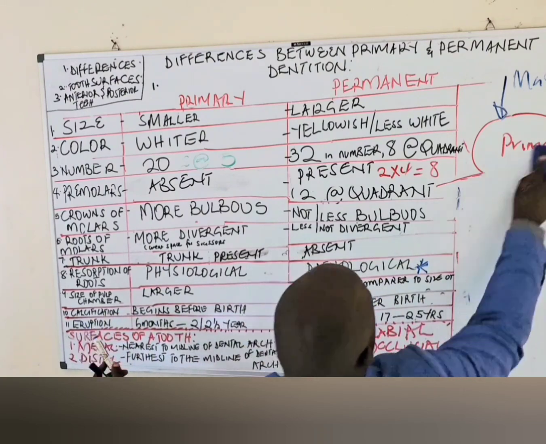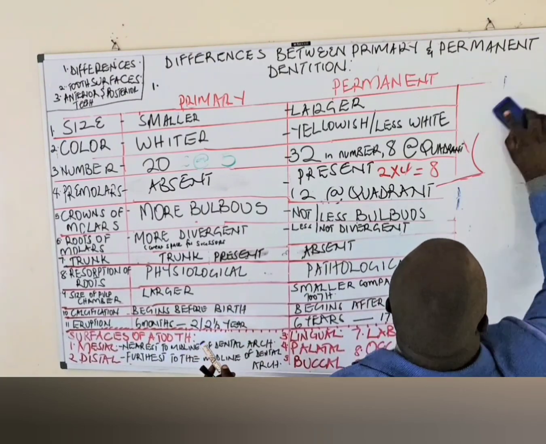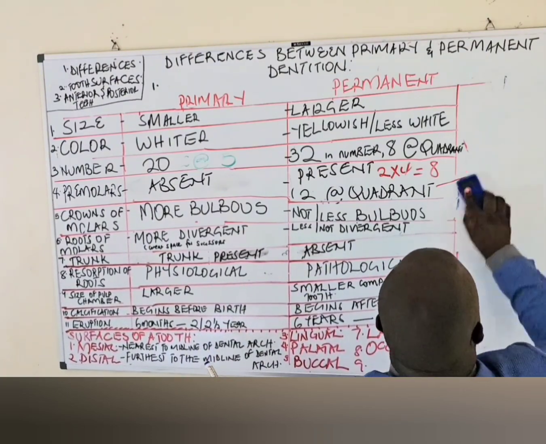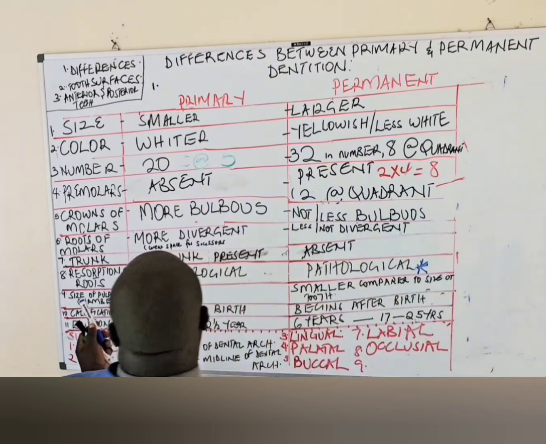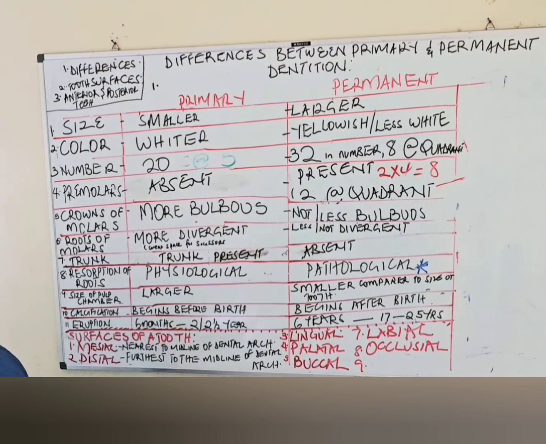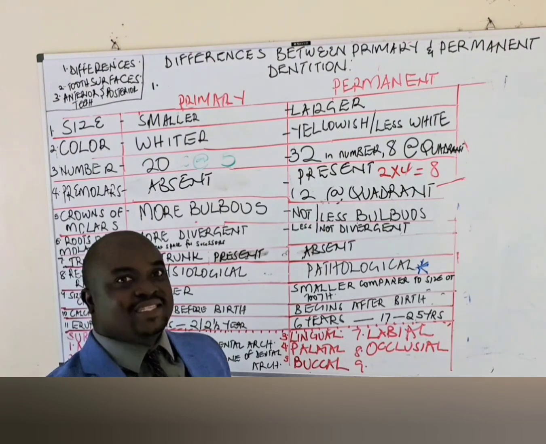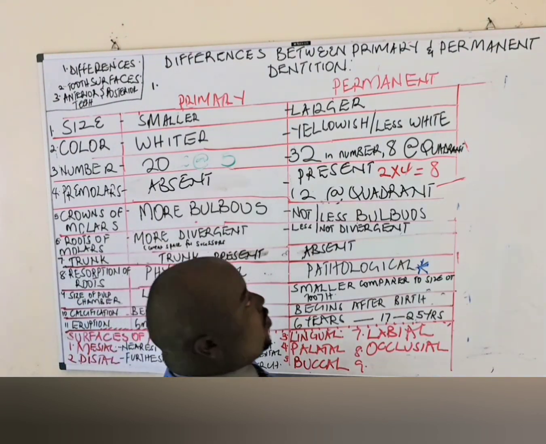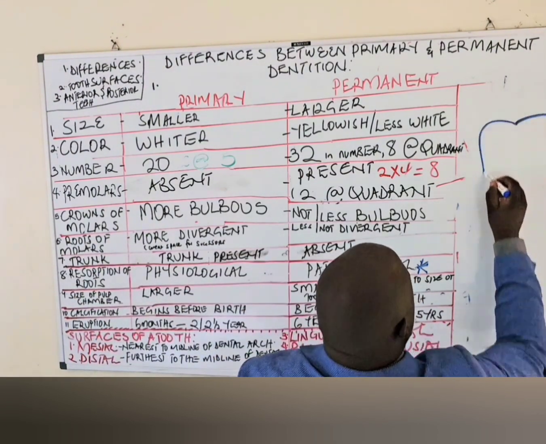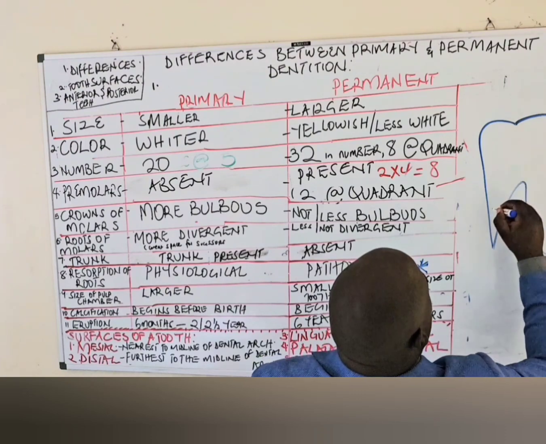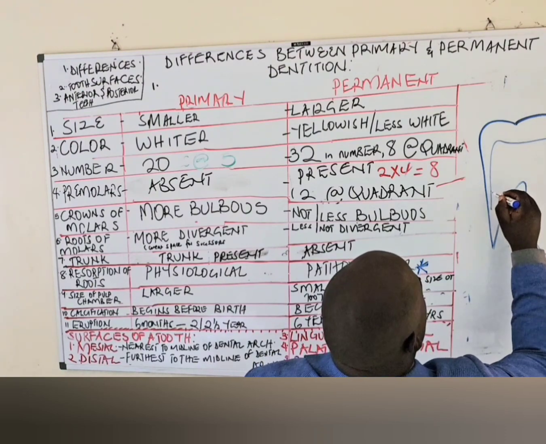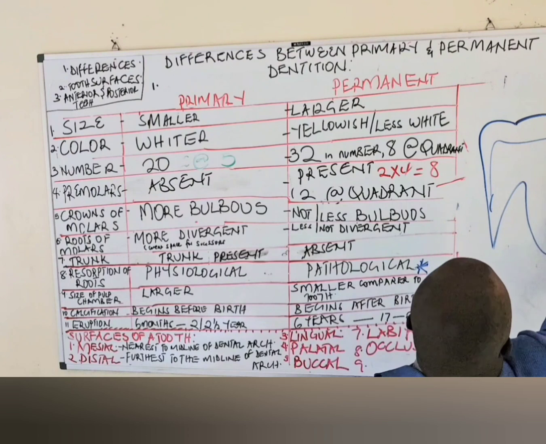The next one is about the proportionality of the pulp of a tooth. The pulp of a tooth is the living part of a tooth. When you have your tooth, of course, this is the enamel.